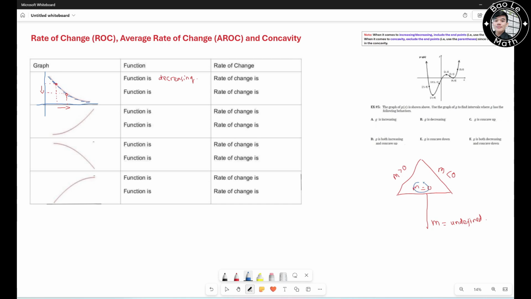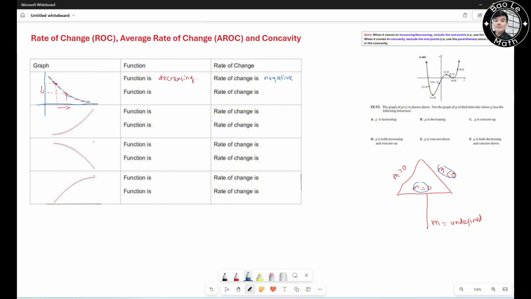So we see that the graph is going down like this, the slope is negative. And it's getting close to 0, which means the slope is increasing. It's increasing from negative to 0. So the slope is negative.